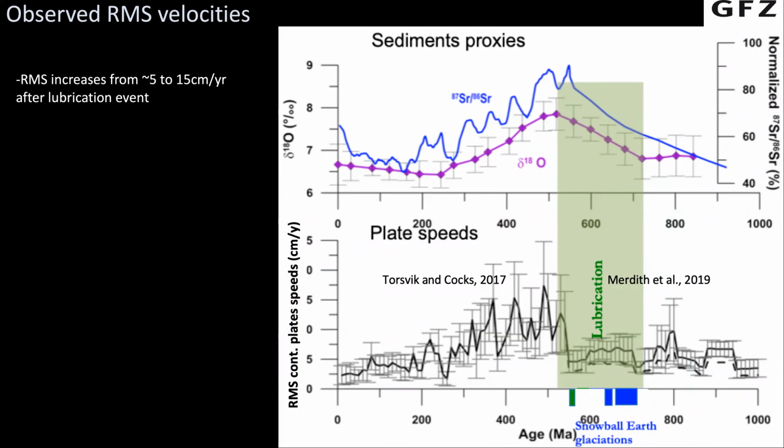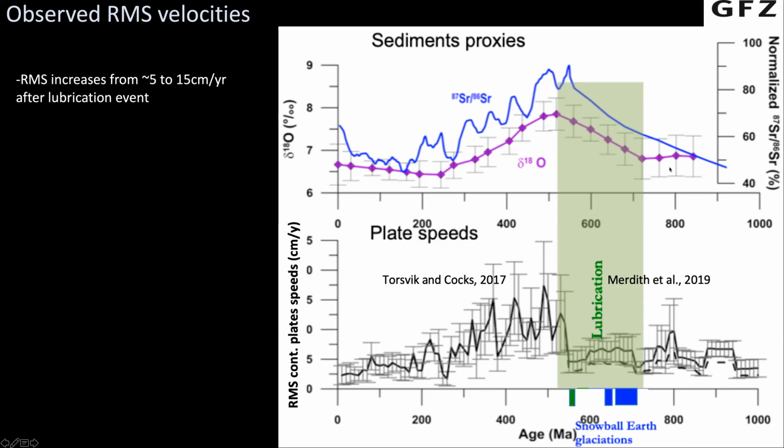So this is a figure from Stefan, and we're looking on the top at sediment proxies from the Neoproterozoic to present day. So in purple, you see the delta 18 oxygen isotope in the zircons, so in the magma that makes up the continental crust. And in blue, you can see there's again the strontium isotope that we've seen before, so a proxy for continental sediments in the seawater.